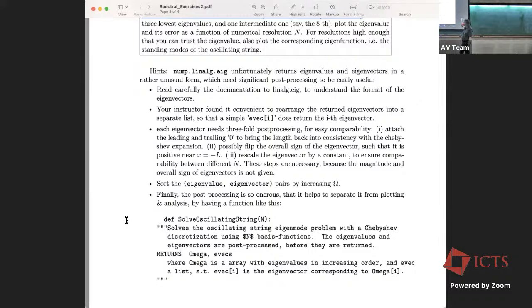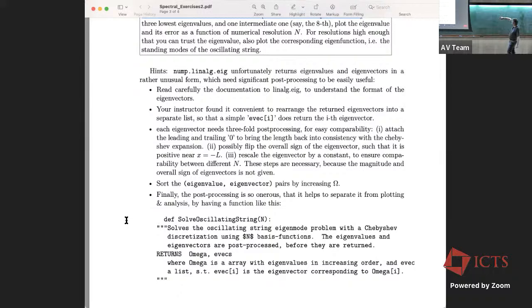Then, eigenvectors have the unfortunate property that their overall magnitude, their scaling, is undetermined. You can rescale it as you wish, and you still get an eigenvector. This has two difficulties. Number one, there could be an overall sign flip, so a function is returned not as this one here, but as this one.